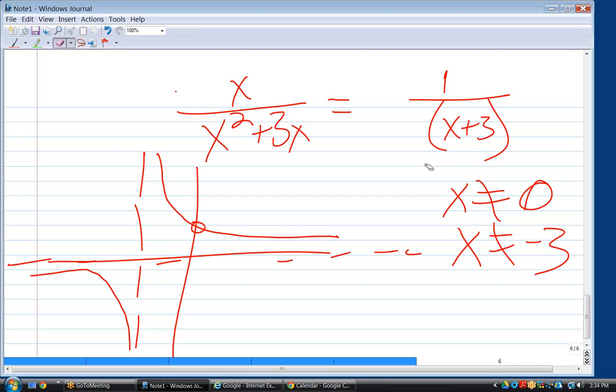Isn't it that a hole is removable? Yeah. In other words, if I didn't remove it, I would have an asymptote at 0 and an asymptote at -3. Well, the asymptote at 0 gets removed and replaced by a hole. It's one way to look at it, I guess. Okay.